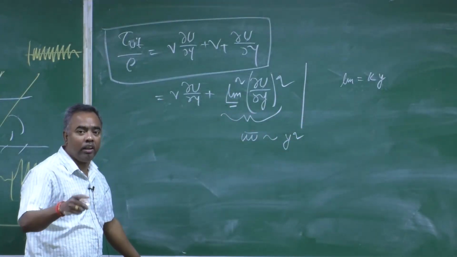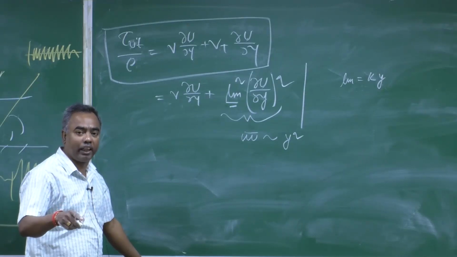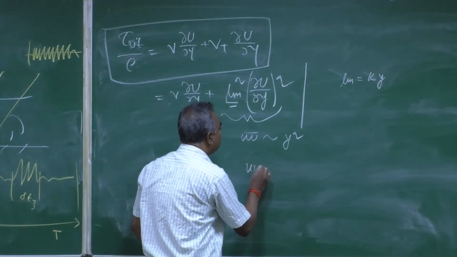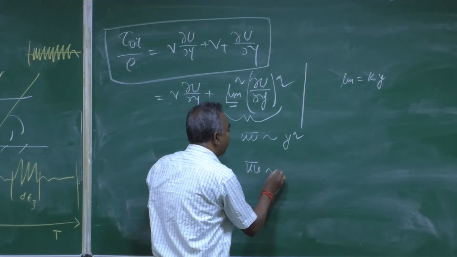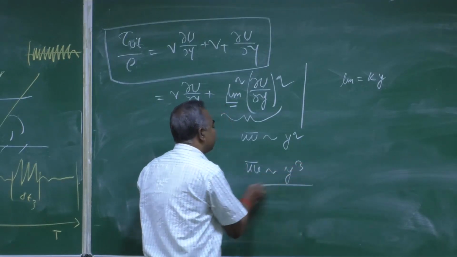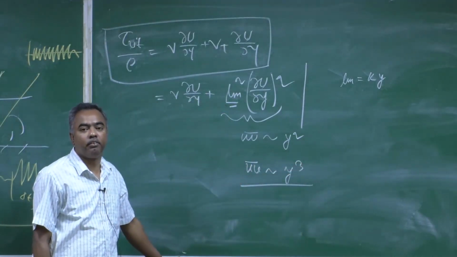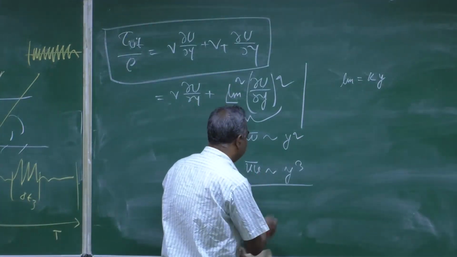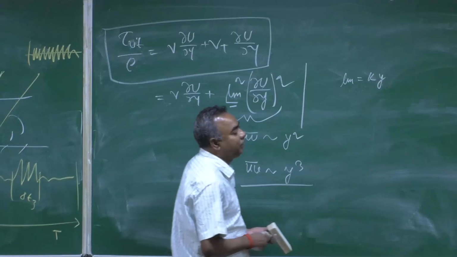But we learnt while talking about channel flow that this variation is slower. So, to impose this slower variation, Van Driest did the following.